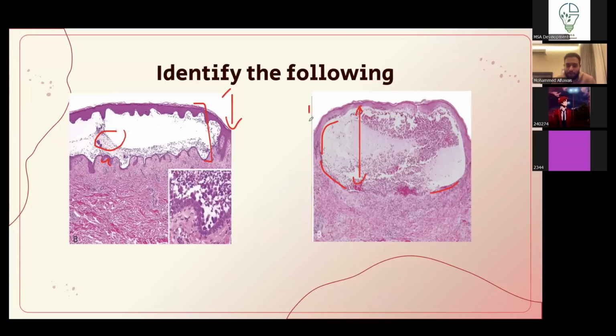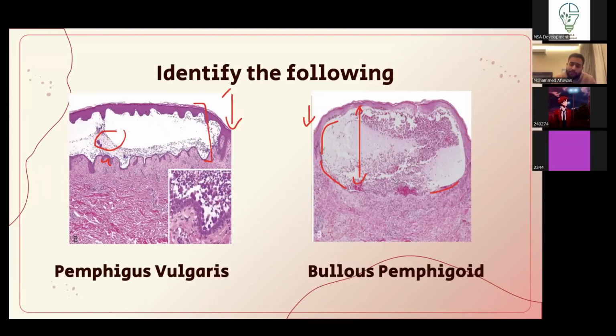If I apply pressure over here, will it rupture? No. Nikolsky sign negative. It's a tense blister. Now, the blister will be filled with inflammatory cells, and they usually love to mention that the cell is eosinophils. You'll see eosinophils there. Well, that's that. Now you have this lesion. What do you want to do next?